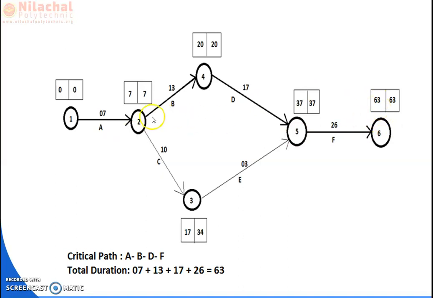That is the sum of the duration of each critical activity. From the critical path 1 to 2, 2 to 4, 4 to 5 and 5 to 6, the durations 7, 13, 17 and 26 are added, and the total project duration is 63.